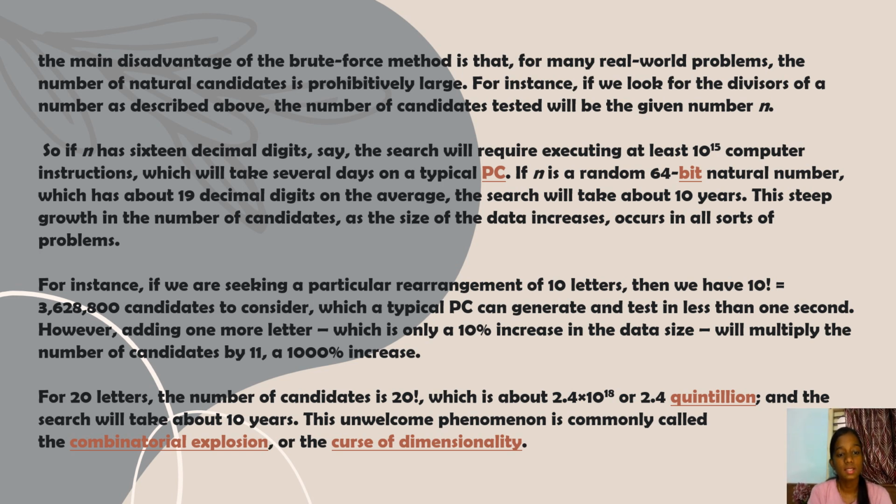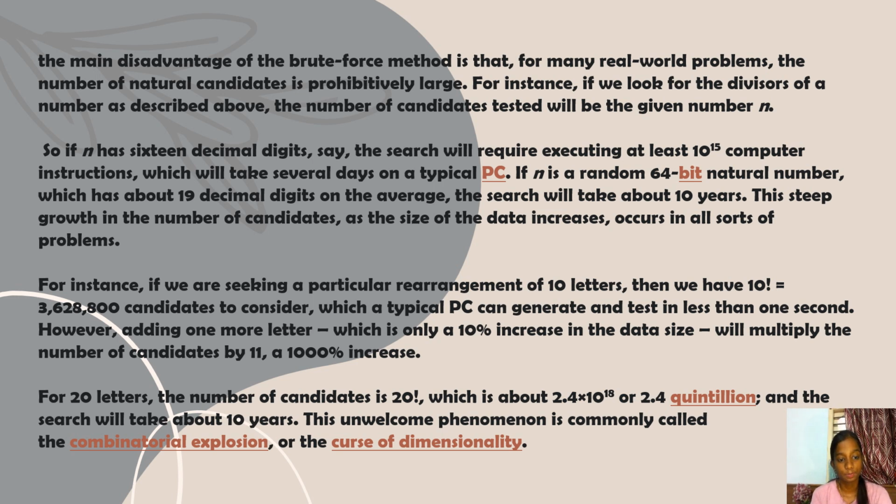For instance, if we are seeking a particular rearrangement of 10 letters, then we have 10 factorial, or 3,628,800 candidates to consider, which a typical PC can generate and test in less than 1 second. However, adding one more letter, which is only a 10% increase in the data size, will multiply the number of candidates by 11, a 1000% increase.